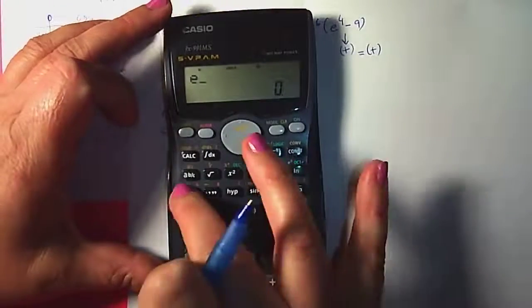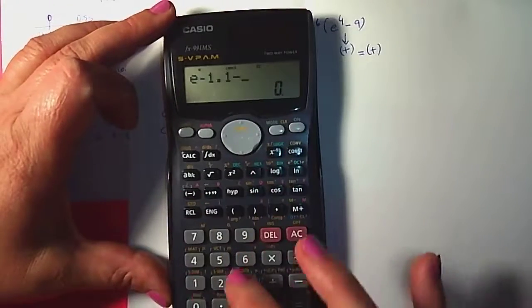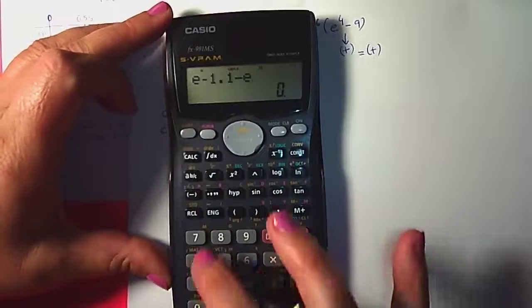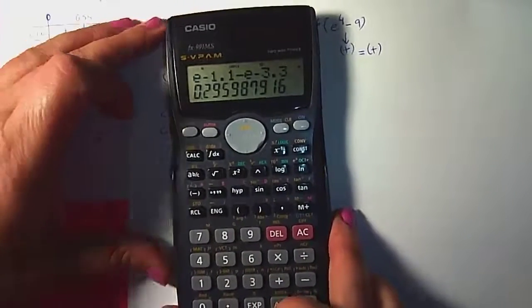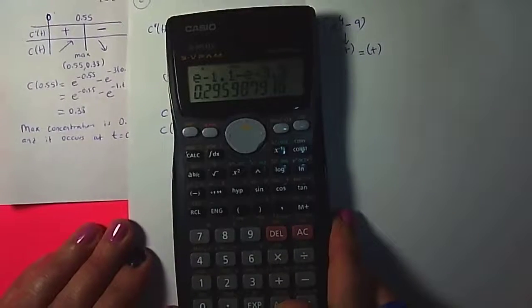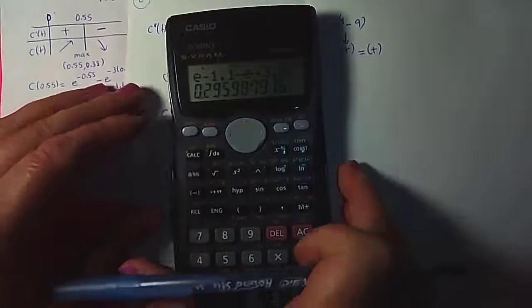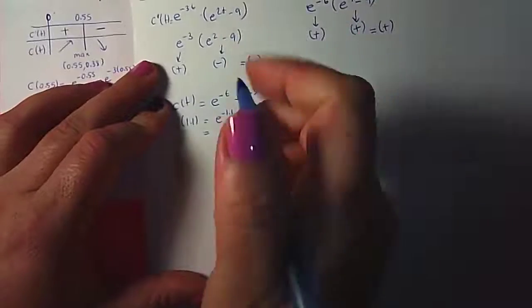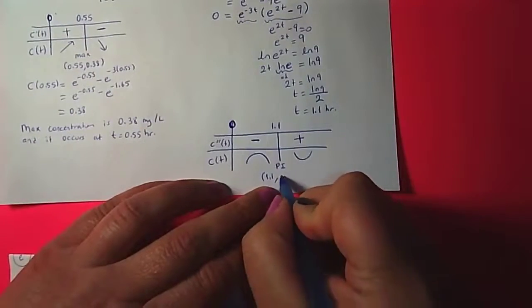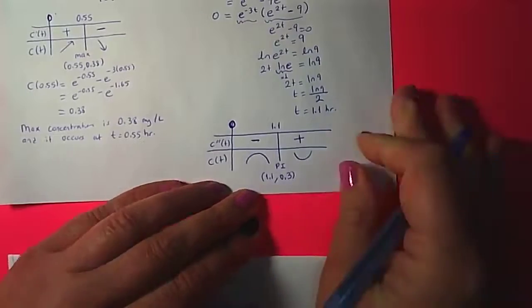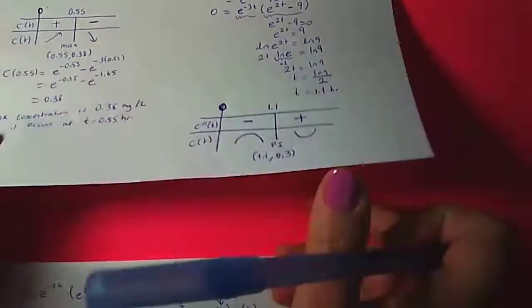That gives us 0.29, which is almost 0.3. So the y-coordinate of the point of inflection is 0.3. So that is part B.